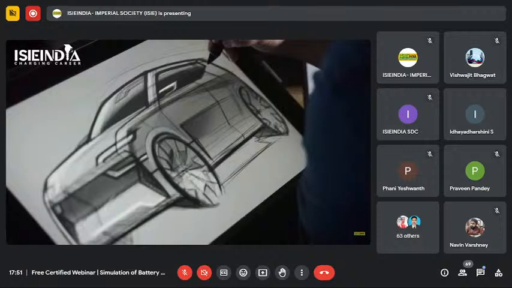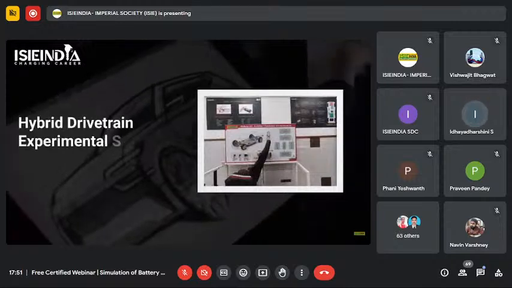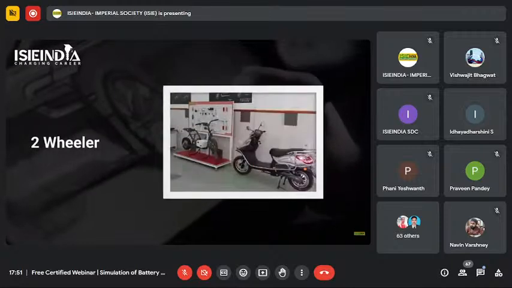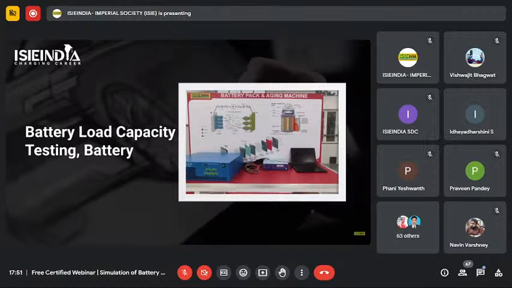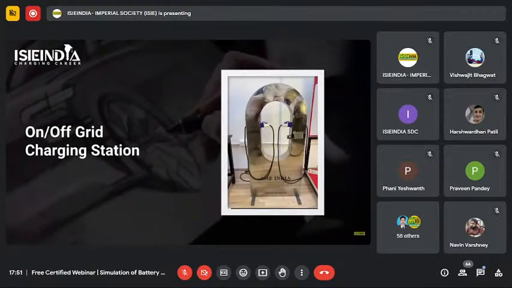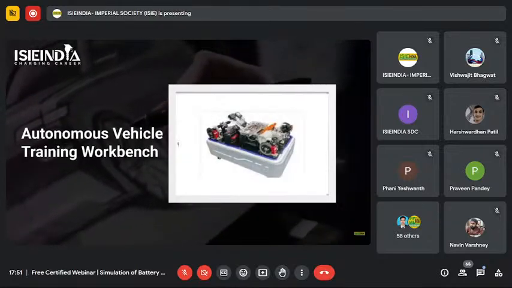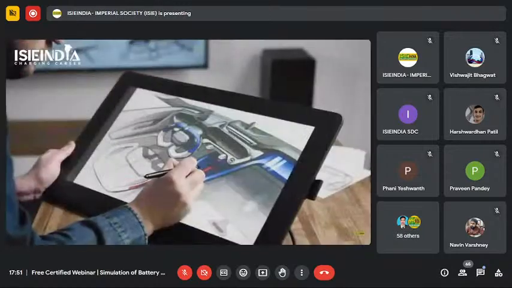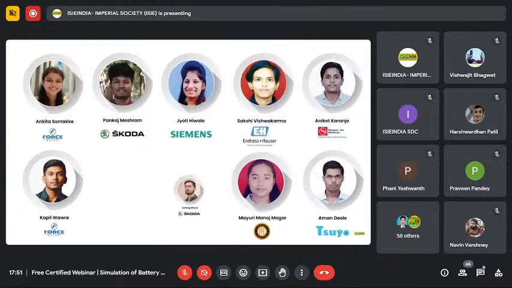A few of them include EV drivetrain experimental setup and motor testing workbench, hybrid drivetrain experimental setup with data logger, EV machine cutout section workbench, two-wheeler, three-wheeler, four-wheeler training workbench, battery load capacity testing, battery BMS with CAN protocol workbench, V2G setup, on or off-grid charging station, battery swapping, autonomous vehicle training workbench, solar power generator and software solutions, and many more.